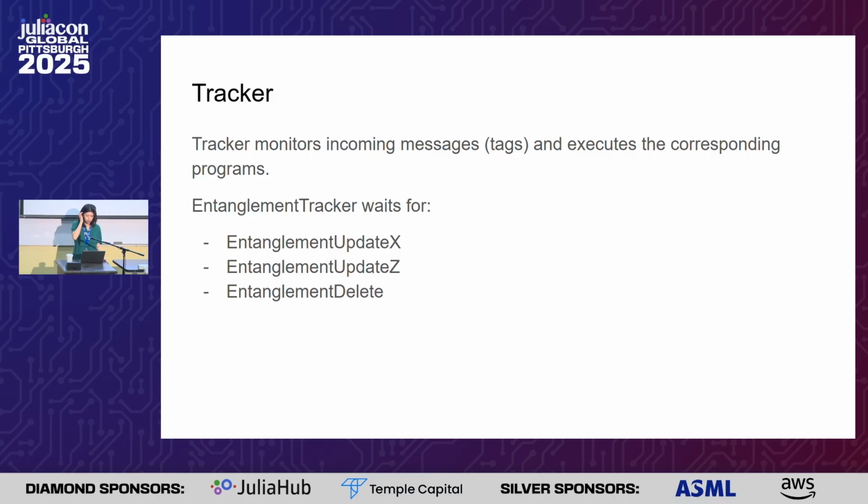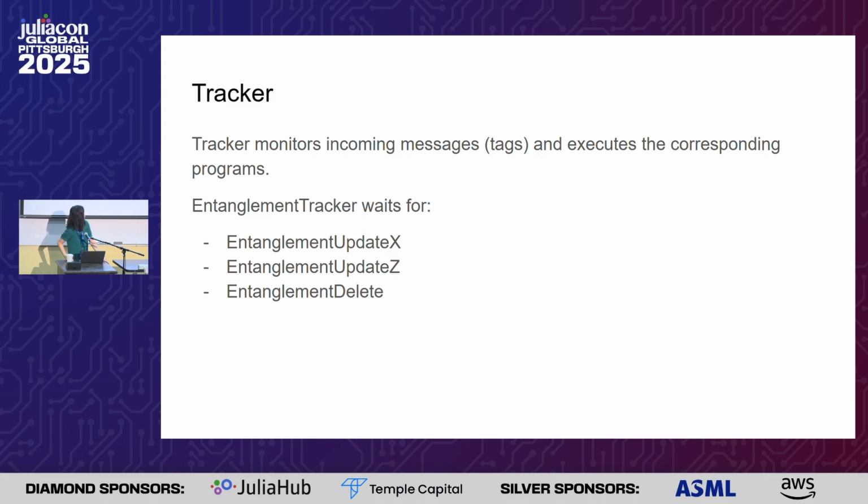As briefly mentioned earlier, tags can also be used as messages that are sent through either classical or quantum channels. Typically, we have a tracker running on each node or register that listens for those tag-based messages and takes action based on their content.